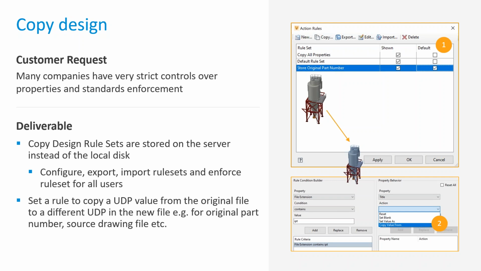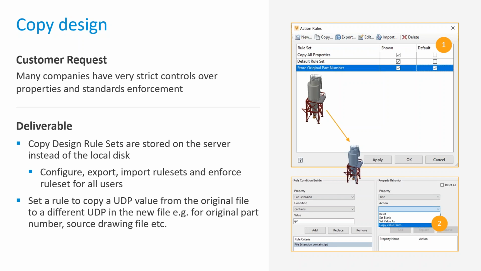A prime example would be if you're doing copy design, you're probably making new part numbers. And it might be a good idea to have what the original part number was from that source data to provide a link back. Now in Vault, in the history, you could always see, yes, copy design from this assembly or whatever. But this would give you that information on the document itself.